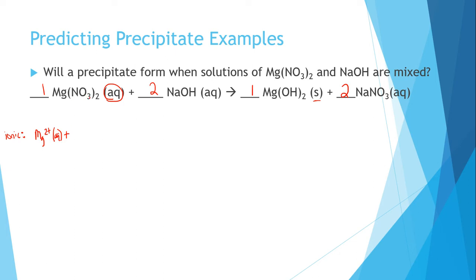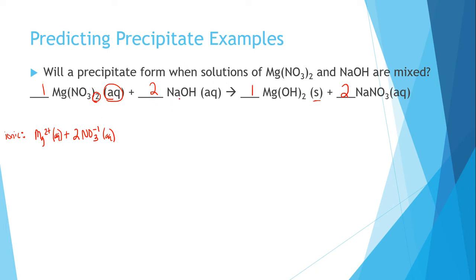Here's my NO3. Now this 2 doesn't typically go there. It came from my magnesium. So what happens is that 2 has to go out front. So 2 NO3 and this is nitrate. It's a -1 charge because of my 1 down here on magnesium. So I've split apart my first one.